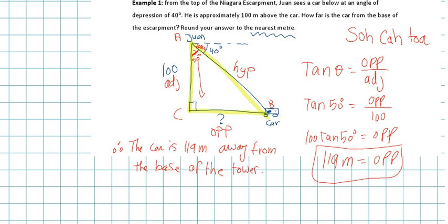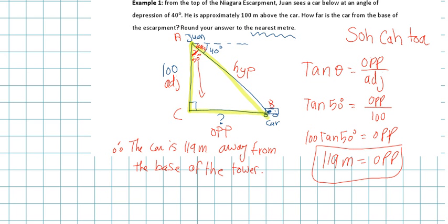It takes time to read the question, understand what the question is asking you for, and how to draw the picture. I don't get the other answer. Because it's an angle of depression, and remember the first definition that we looked at, angle of depression is the angle measured from the horizontal, right?